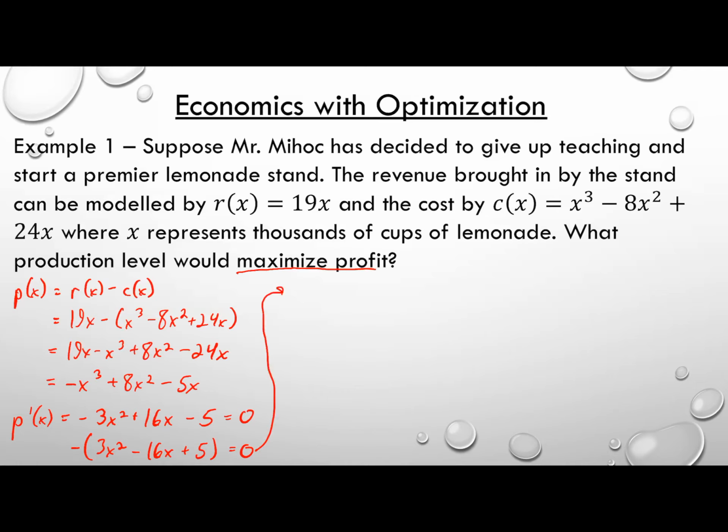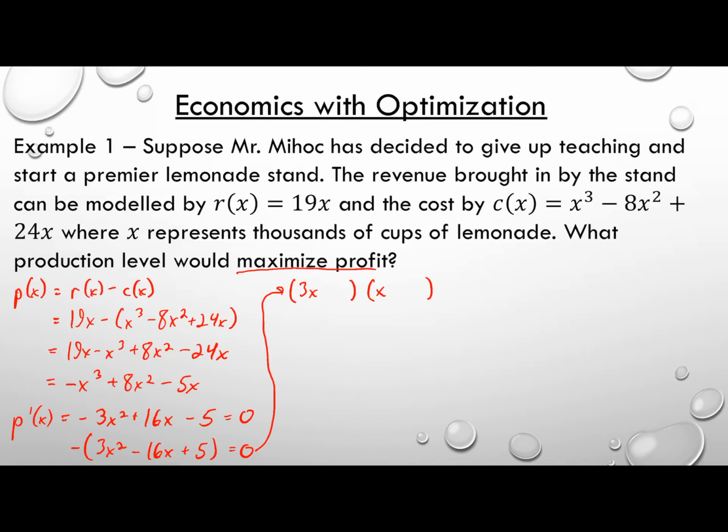There's a couple ways you can do this. You could use the quadratic formula, which if you remember it, that's great. If you don't, or if you don't like it at all, what we're going to do here is factor this. We're going to find two factors that would multiply to give us this expression. So since our leading term is 3x squared, that means these two terms are 3x and x.